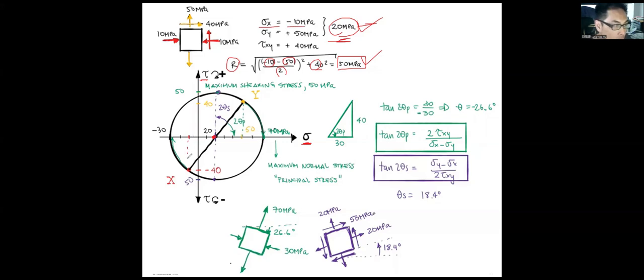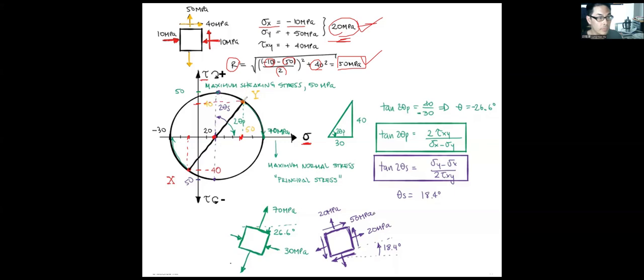And sigma y is positive 50, right here. And tau xy is 40 megapascal, the shear, so positive 40 right here.